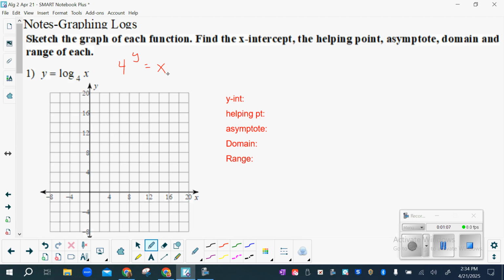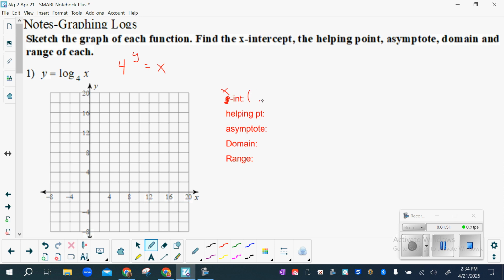So this should be an x-intercept. Sorry, I copied it from the other stuff. It says x-intercept on your paper. An x-intercept, something that crosses the x-axis, has a y value of 0.